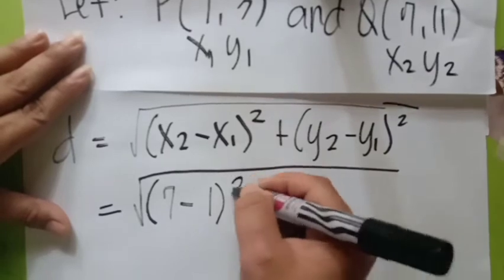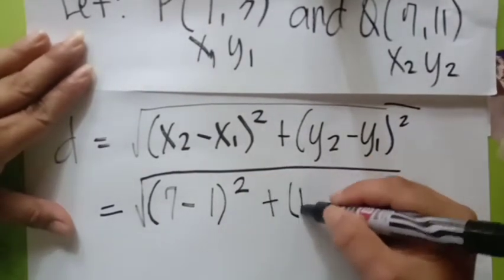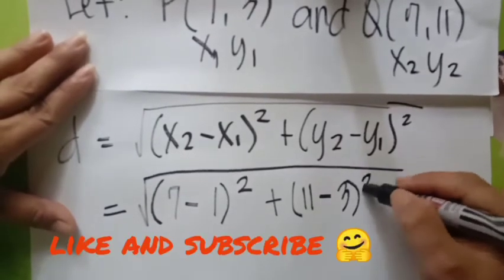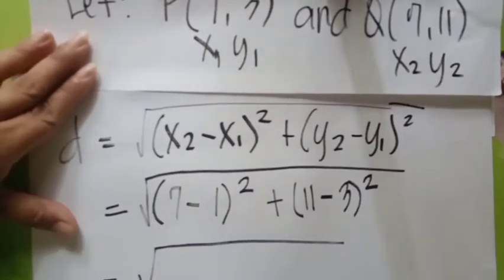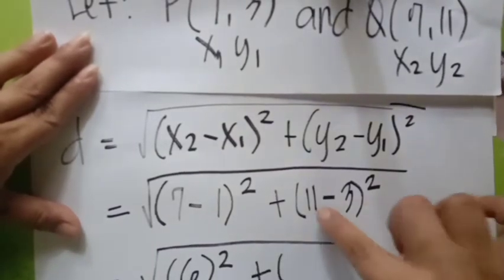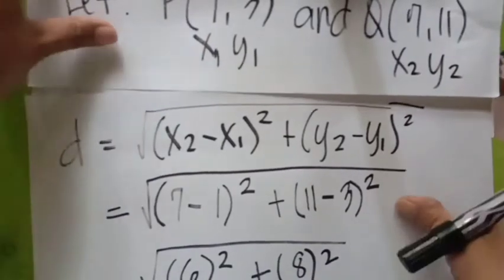So, (7 minus 1) quantity squared, plus y sub 2 is 11, minus y sub 1 is 3. So, (11 minus 3) quantity squared, equals the square root of 7 minus 1 is 6. So, 6 quantity squared, plus 11 minus 3 is 8, quantity squared.